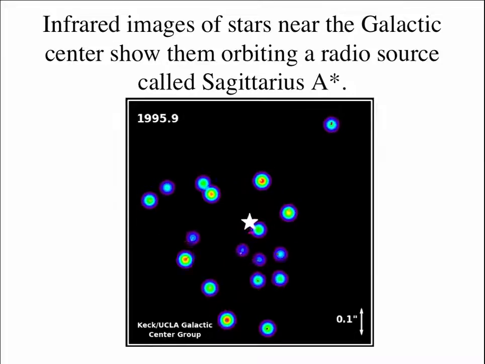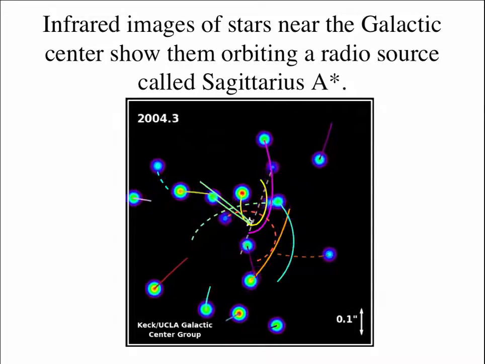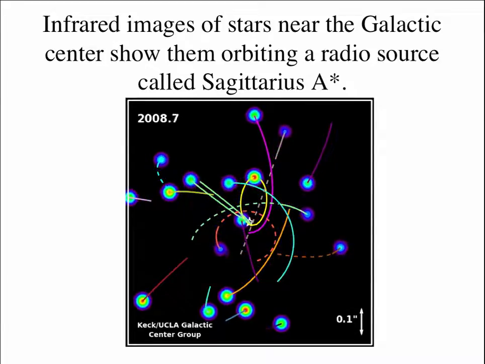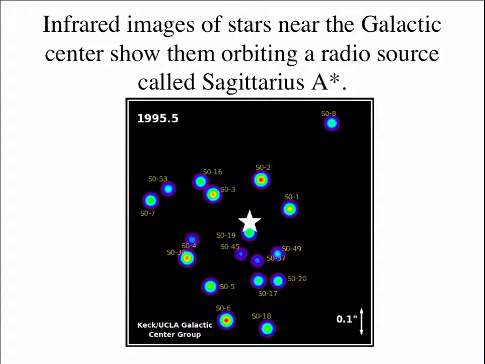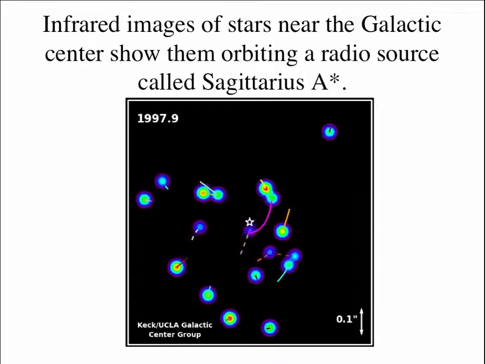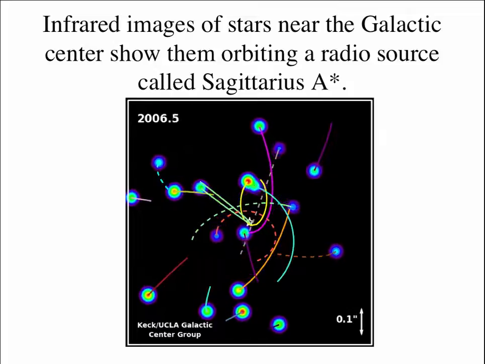Another way of proving that black holes exist comes from watching the center of our galaxy. There's a large black hole at the center of our galaxy. We believe it's at a point that's coincident with a radio source called Sagittarius A*. Again, long story how it gets that name, but Sagittarius A* is a radio source.